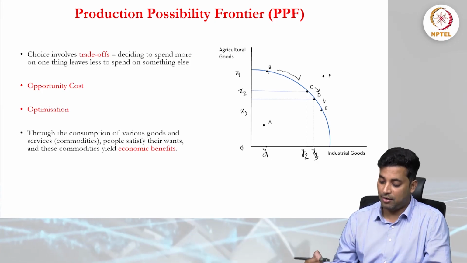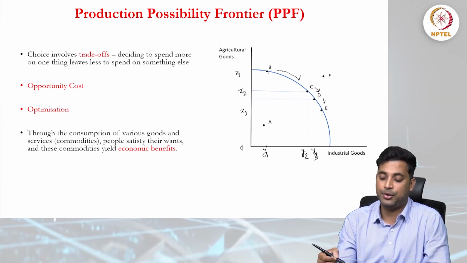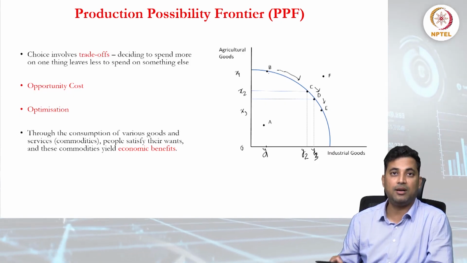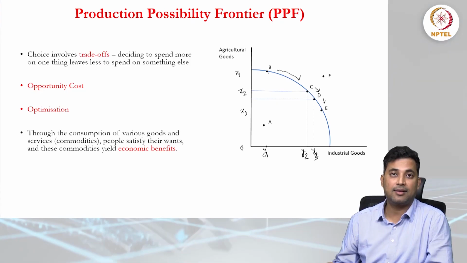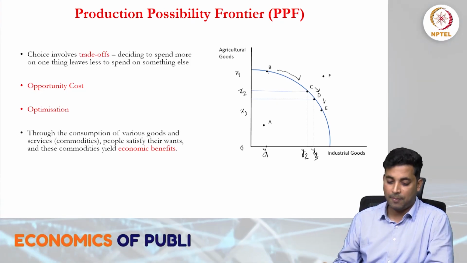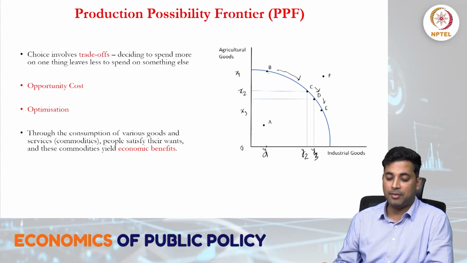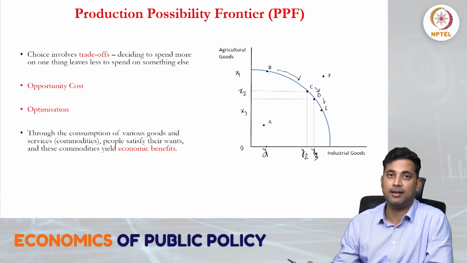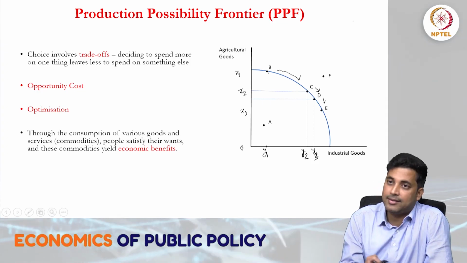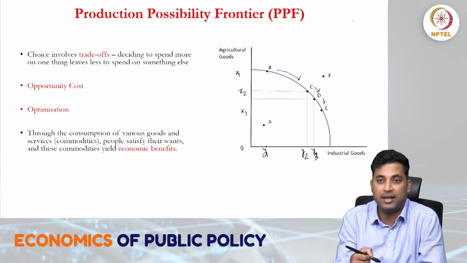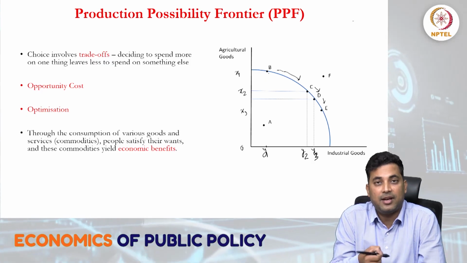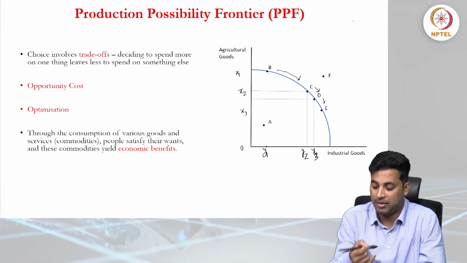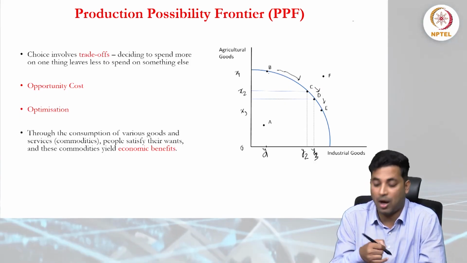Now if I want to move to point F, then our capacity has to be increased with the resources, that is land, labor and capital. And with the various policies that the government has taken, like Digital India, Skill India and Make in India, efficiency has increased, if we take it as a positive policy outcome.